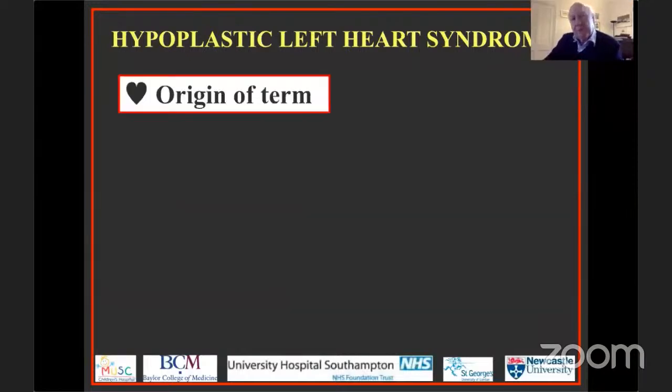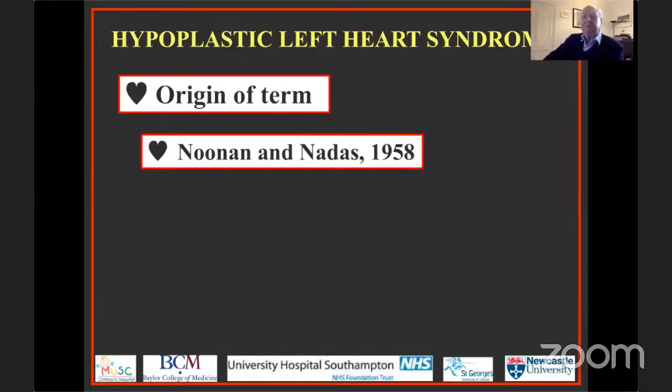And for those problems, we can go back to the origin of the term itself. As far as we can work out, the first time that anybody spoke about hypoplasia of the left heart in terms of a syndrome, it was Noonan and Nadas.